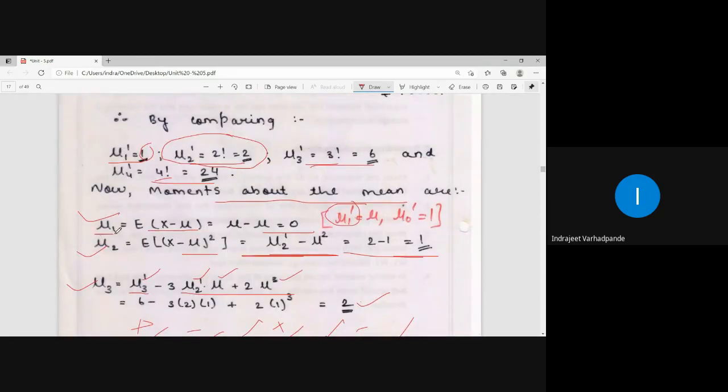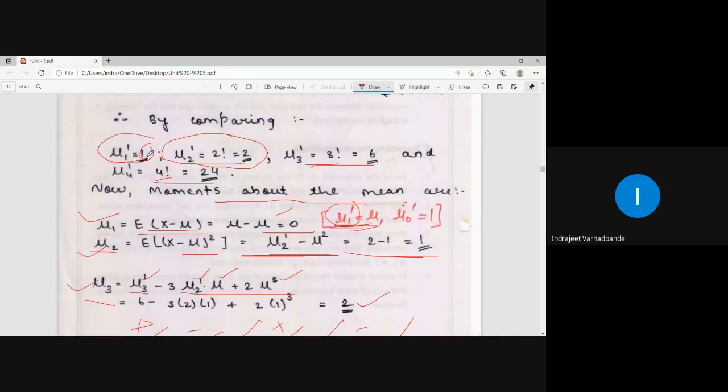Now mu1 is the first moment about mean. mu1 is always 0, because its formula is this. For mu2, mu3, expectation of x minus mu is 0, where mu is nothing but mu1 dash.